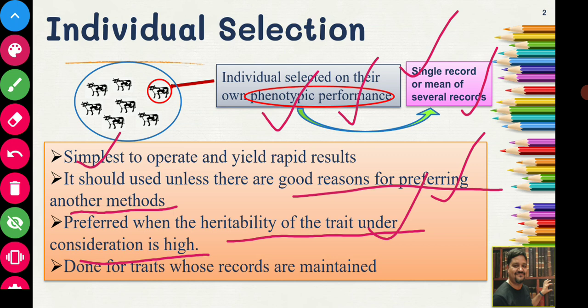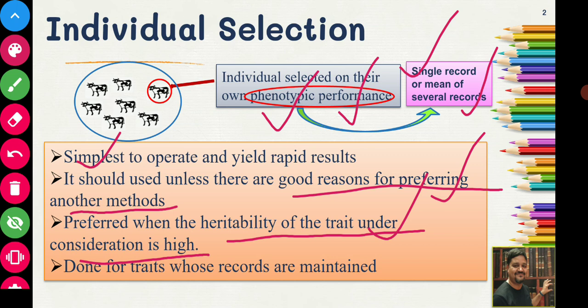We select an individual because we give it the chance to produce the next generation, in hope that it will produce a similar kind of progeny.